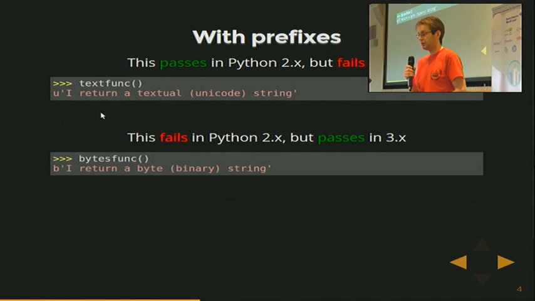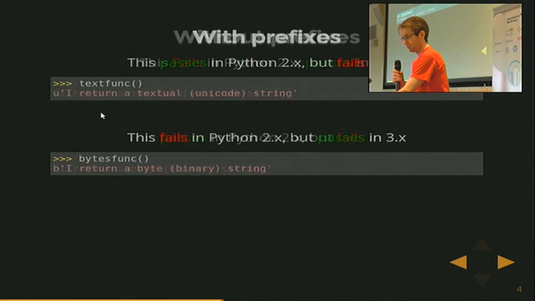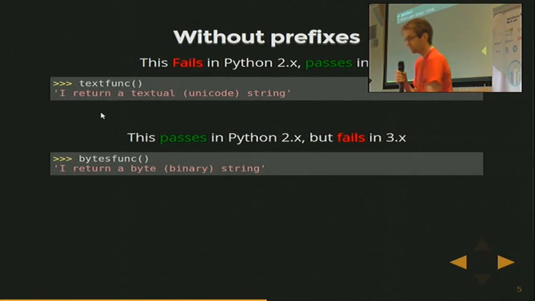And if you put a little b in front of your byte strings, they pass in 3.x, but fail in 2.x. If you take out the prefixes, it reverses. Your textual things fail in 2.x and now pass in 3.x. They pass in 2.x, but they fail in 3.x. You cannot have your cake and eat it. Until now.